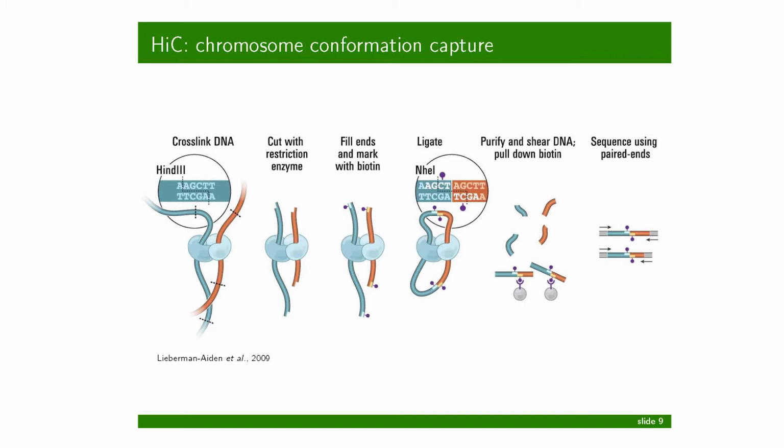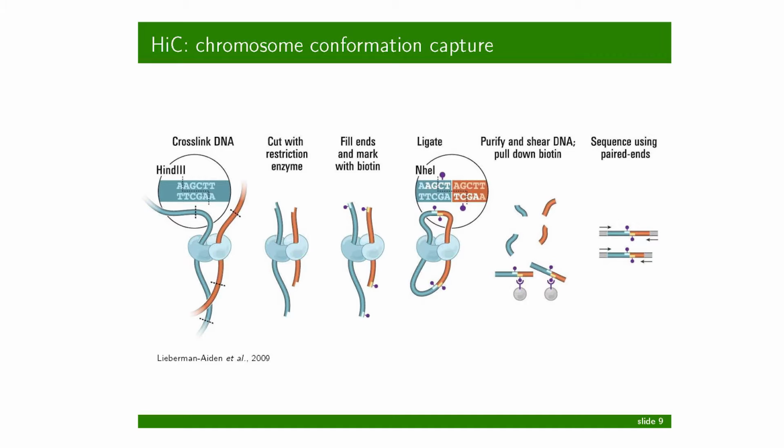First, the DNA or the chromatin in the nucleus is cross-linked with formaldehyde, and then it's cut by a restriction enzyme. The restriction ends are filled in with labeled nucleotides, and then they are religated.